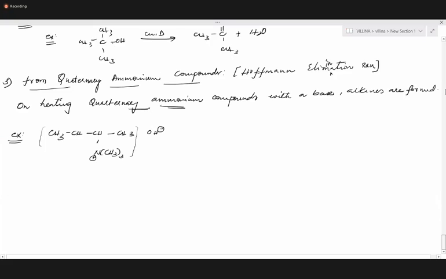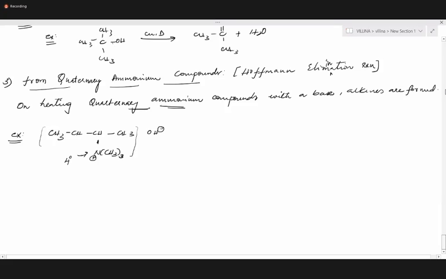So this is quaternary ammonium because the nitrogen here is attached to three alkyl groups on one side, three methyl groups, and the other, a butyl group. Now, in this particular one, the nitrogen is attached to four carbon atoms, making this a quaternary ammonium.